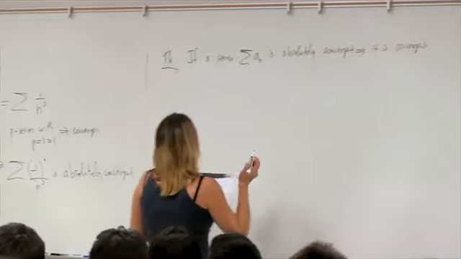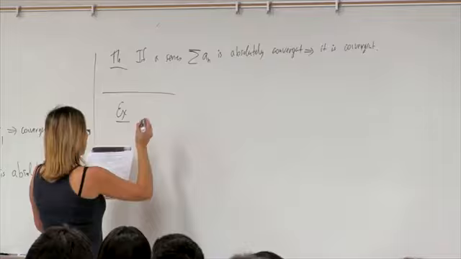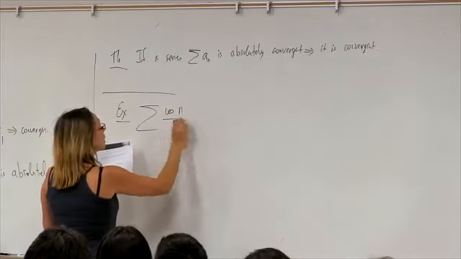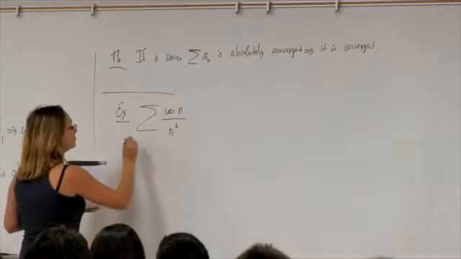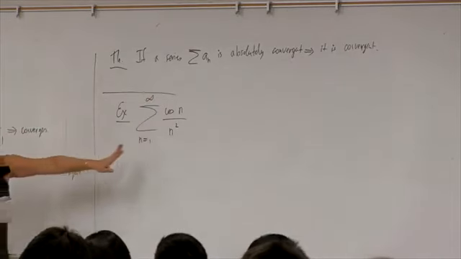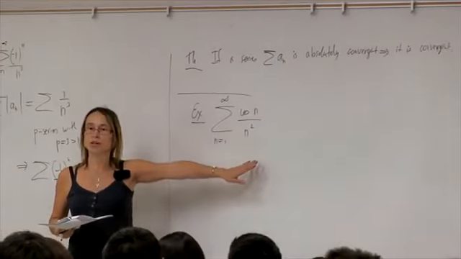So let's consider an example which is a little bit different: cos n over n squared. First of all, you can see that the terms of this series do change sign.